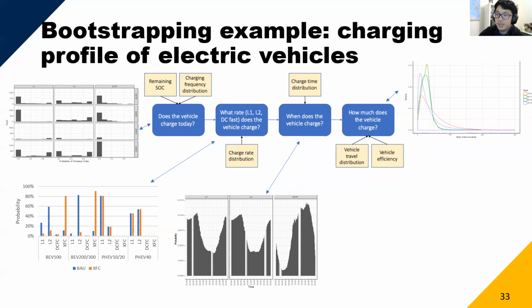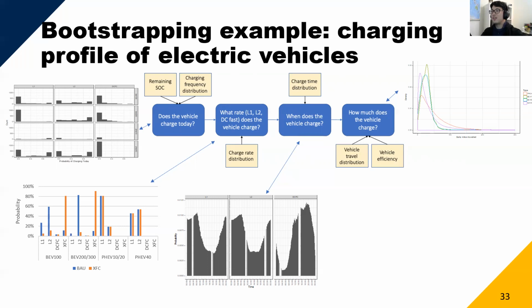And so, does the vehicle charge today? Yes or no? We have some information about how much it needs to charge and how often it charges. So this chart here shows Monday, Tuesday, Wednesday, Thursday, Friday, Saturday, Sunday: what's the relative probability that it's charging on a level 1, level 2, or DC fast charger, and then for short range all the way to long range.